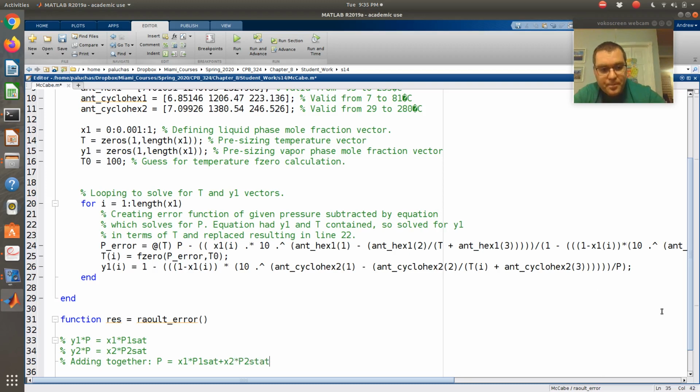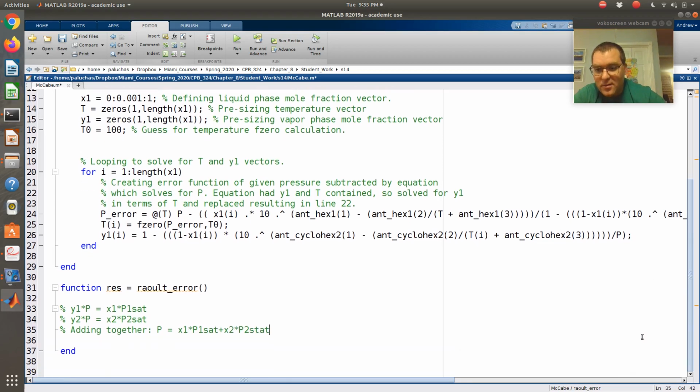Okay, and then I could readily recast this as an error function as P minus x1 P1 sat minus x2 P2 sat is equal to 0. Okay, so y doesn't appear in here, right? My unknowns are y and T. T appears within my expressions for P1 sat and P2 sat, which are only functions of T. Okay, cool.